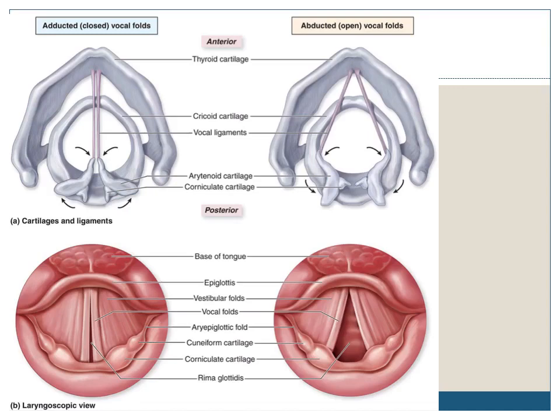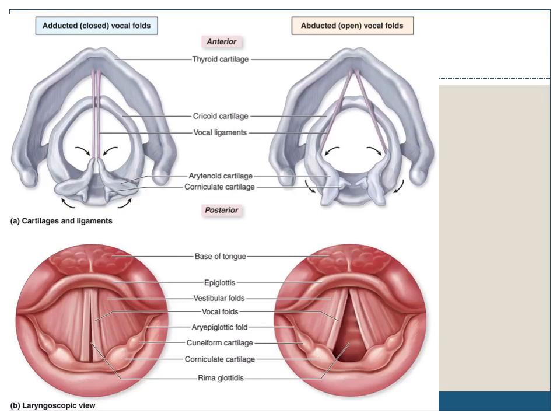When we have an abducted patterning of these folds and these ligaments, air is able to flow across them in true laminar shape, meaning there is no vibration of the folds. All of the air is moving at once.